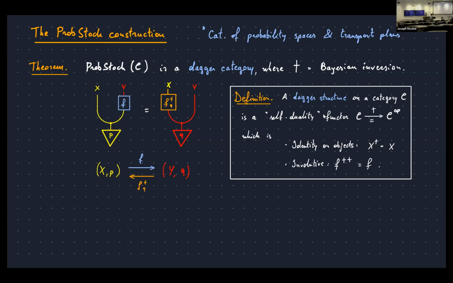What is a dagger category? In my opinion, one way of describing it is that a dagger category is to a category as an undirected graph is to a directed graph, in some sense. What's an undirected graph? It's a graph where if there's an edge from X to Y, then you can also walk it the other way, okay?